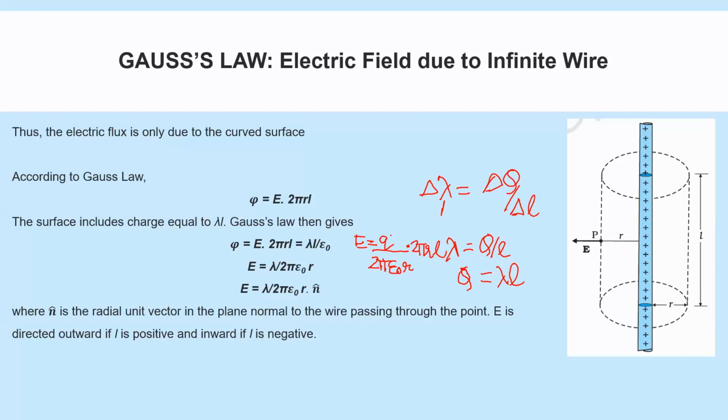When you put in the Q equals lambda L formula, what you will get is phi equals lambda L by epsilon 0. This is going to be the flux due to an infinite wire, by using Gauss's law.